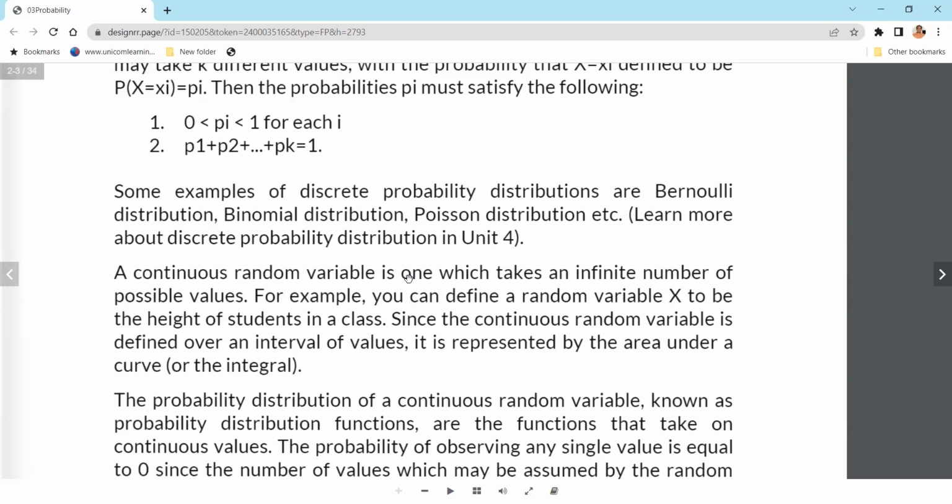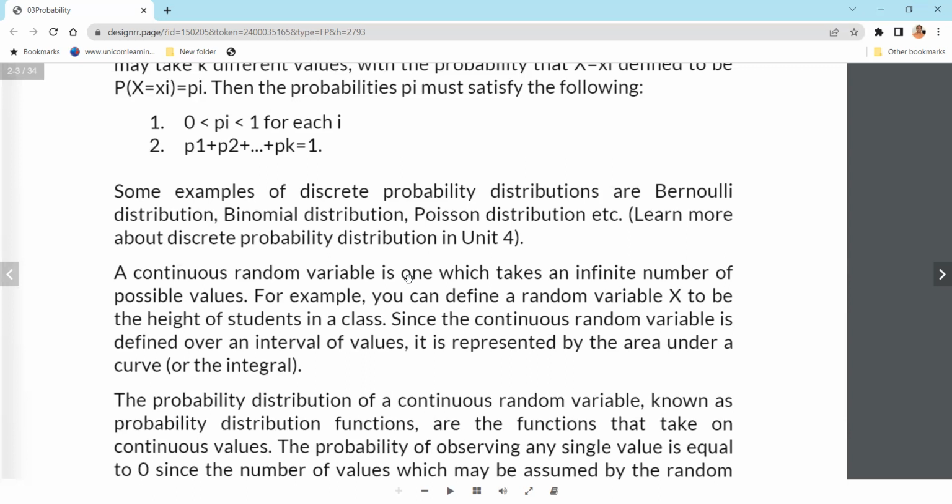So weight becomes your continuous distribution.